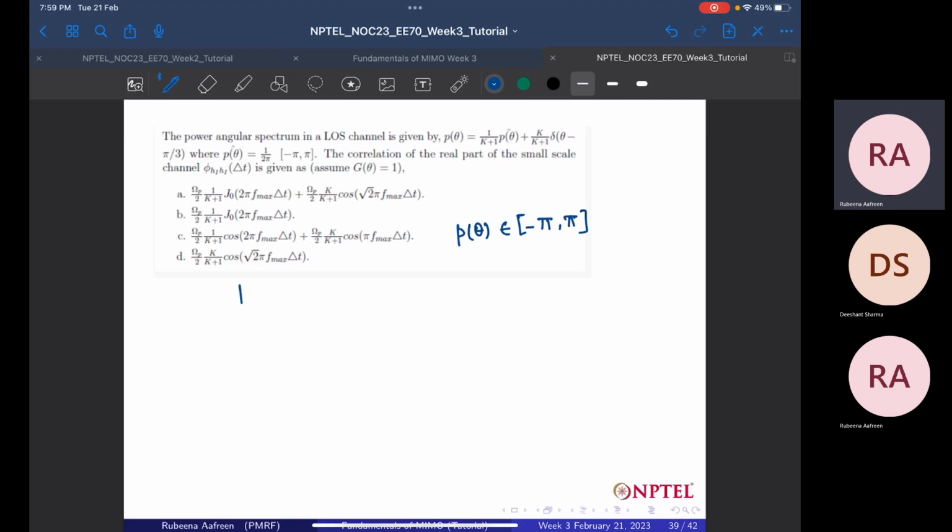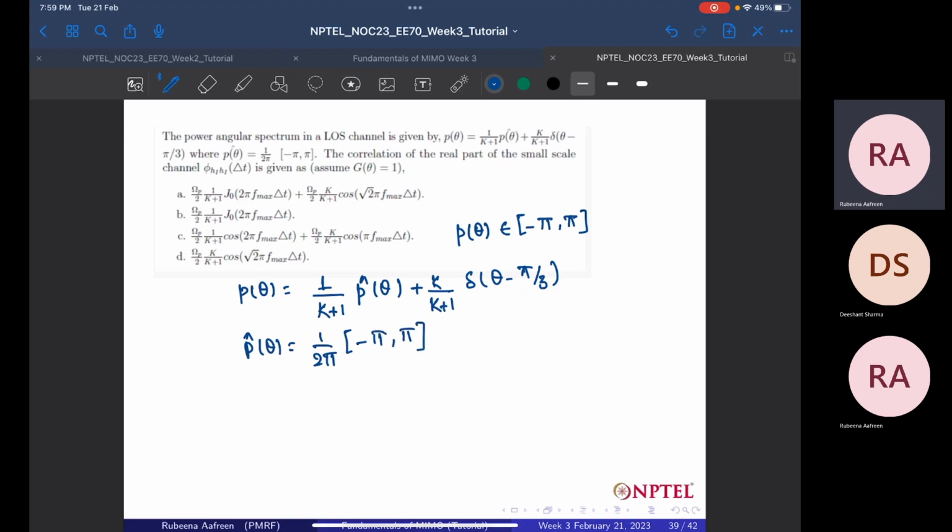So here p theta is given as 1 upon k plus 1 into p theta plus k upon k plus 1 delta theta minus pi by 3. Here theta is 1 upon 2 pi from minus pi to pi. Now it is asking the correlation of the real part of the small scale channel.